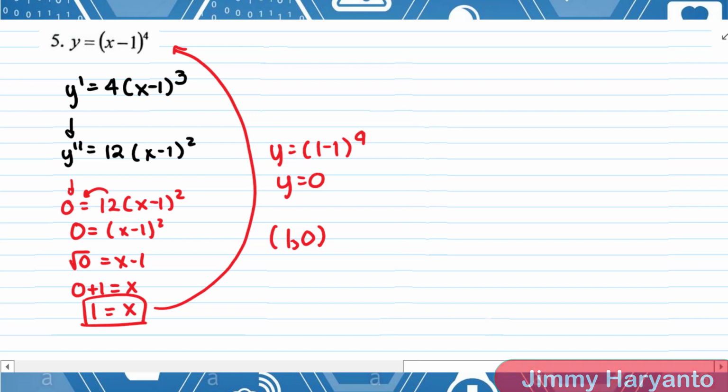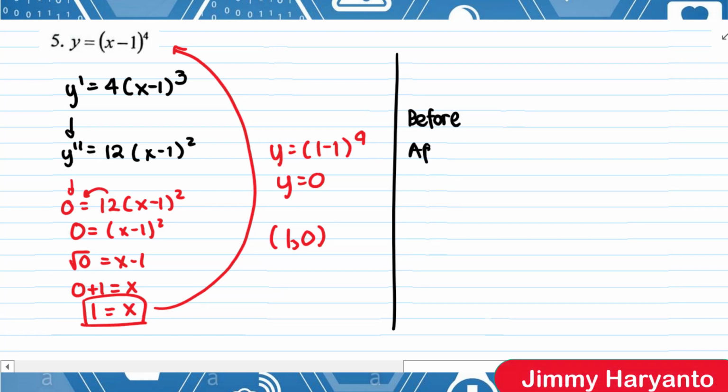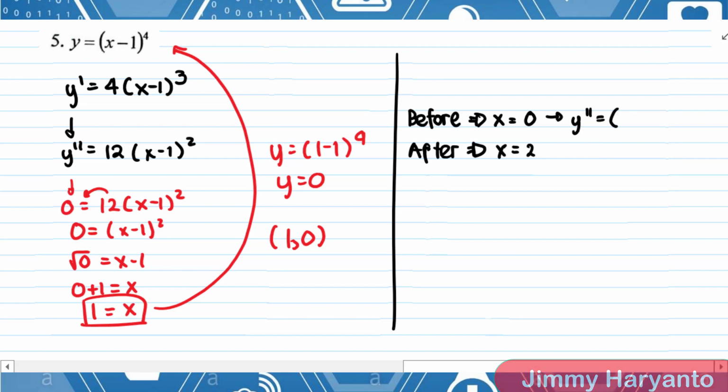Next is to determine whether the point is an inflection point or not. We will use the before and after method. Before, I will take x equals 0, and for the after, I will take x equals 2. For 0, the value of y double accent will be 12 times 0 minus 1 squared.